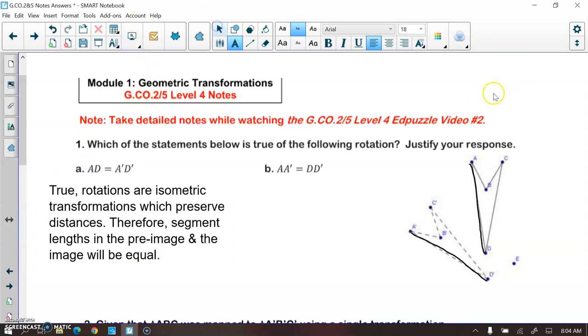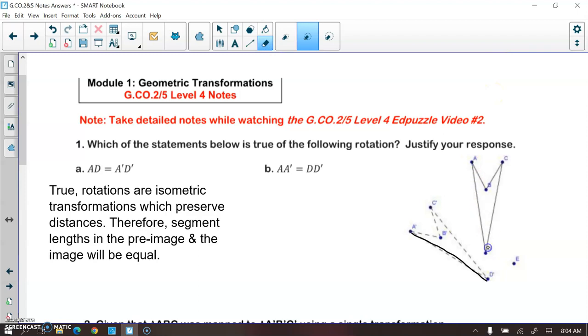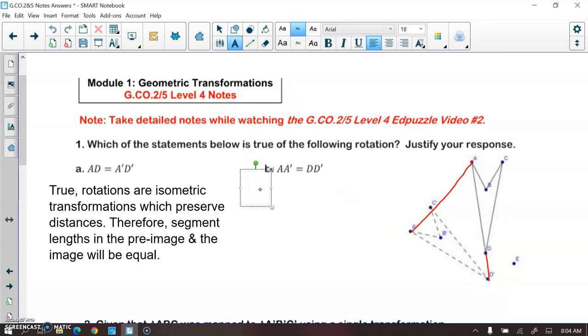All right. So then the next one, it says A to A prime. So that's this is equal to D to D prime. Clearly you can see that's false, but we do need to justify our reasoning.